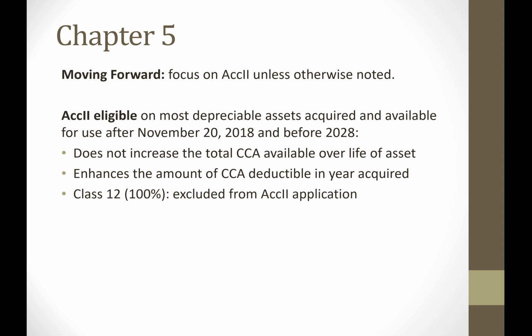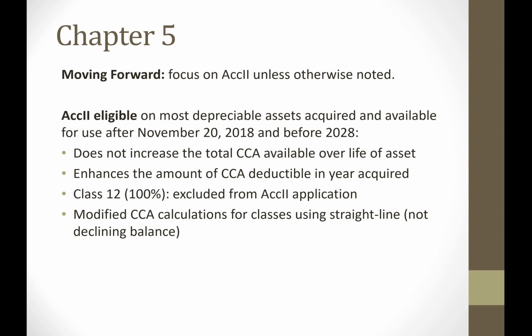Now, there are some exclusions, as we mentioned earlier. Class 12 is excluded from the accelerated investment incentive adjustment. The half-year rule still applies to Class 12. And once again, your textbook should explain how Class 12 works using the half-year rule, so read that on your own. Now, there are some modifications that are necessary if the CCA class uses straight line amortization CCA calculations rather than declining balance.